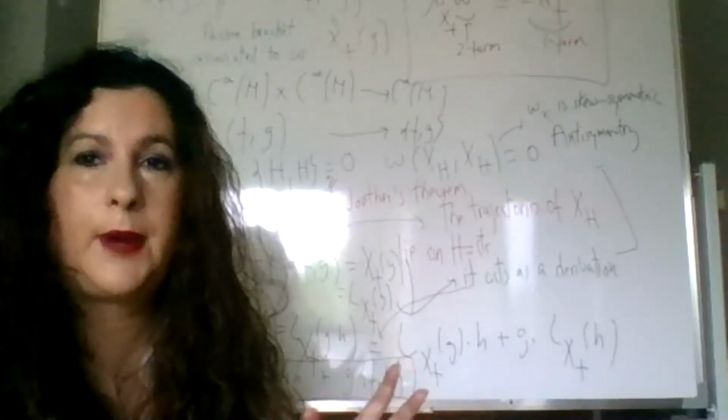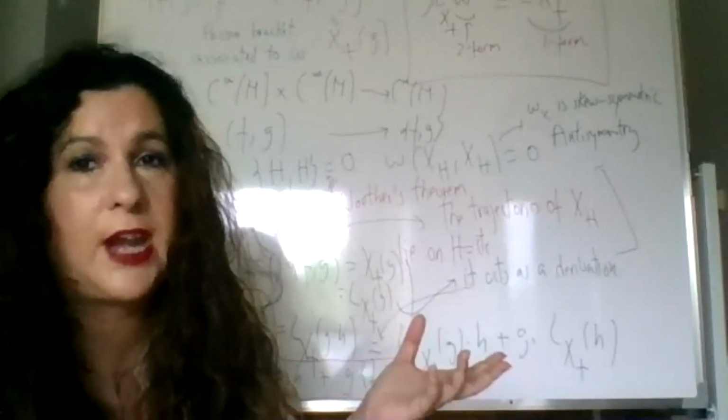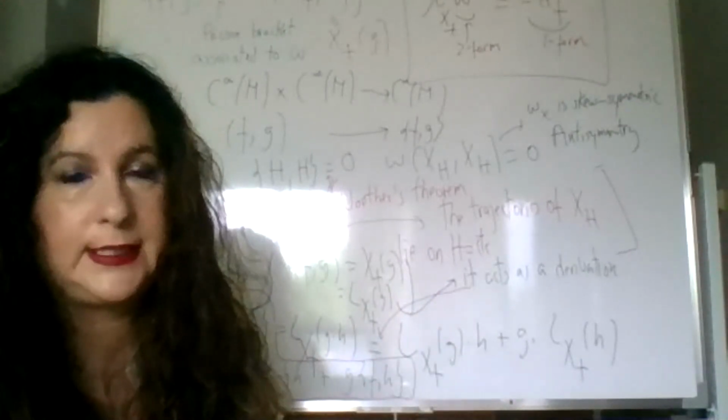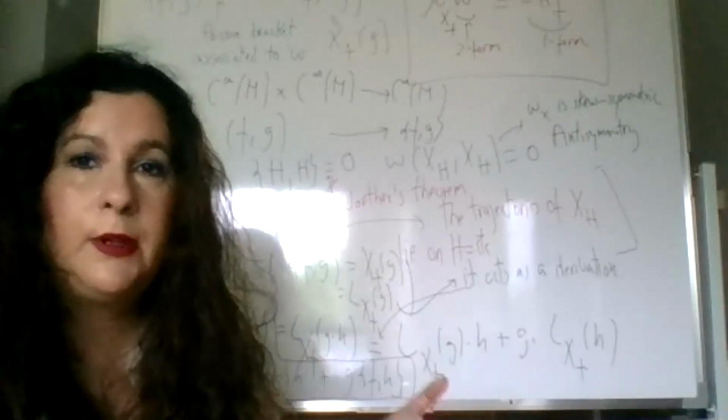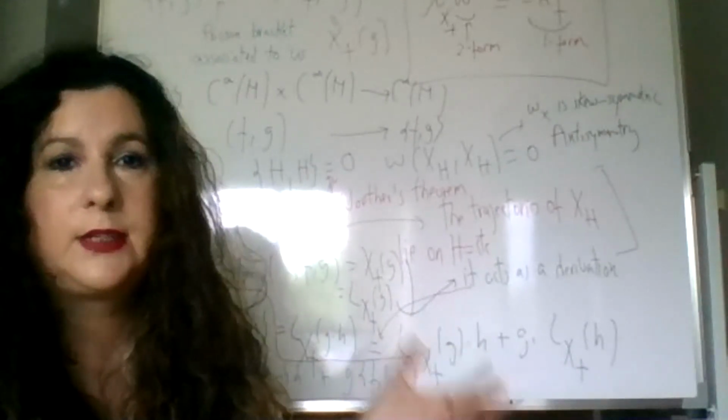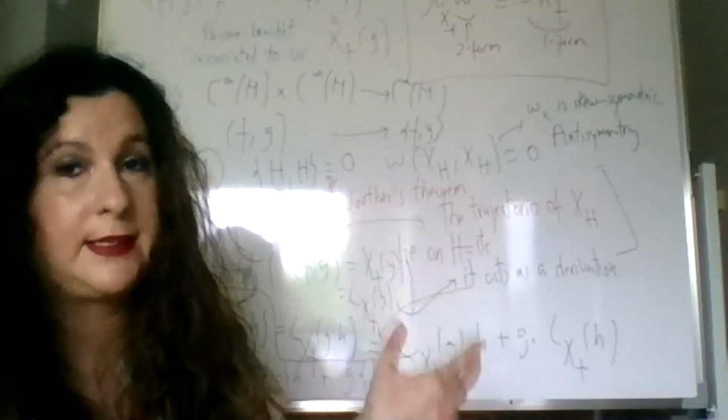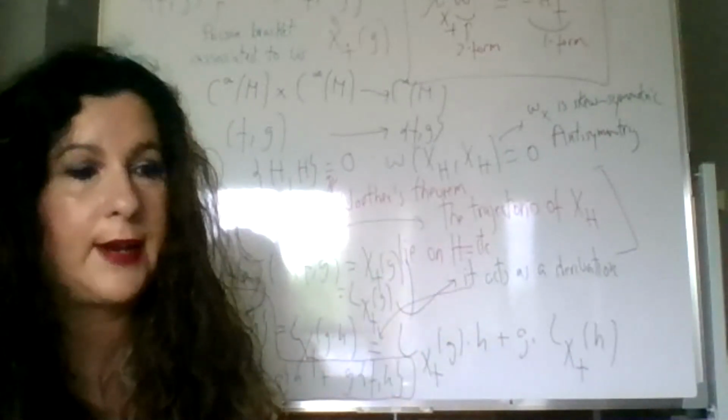Therefore, if we interpret the function h as the total energy of the system, this is equivalent to conservation of energy. So we were able to prove Noether's theorem just because our bracket was anti-symmetric. This is quite interesting.